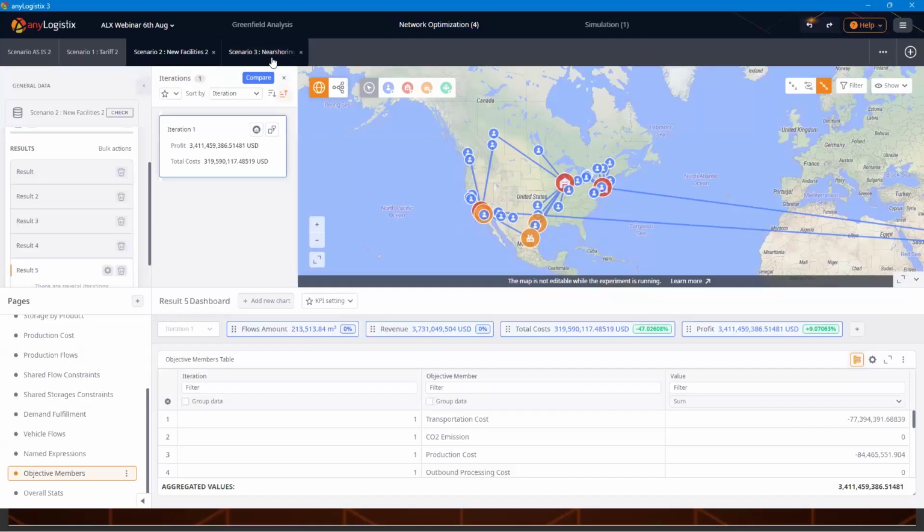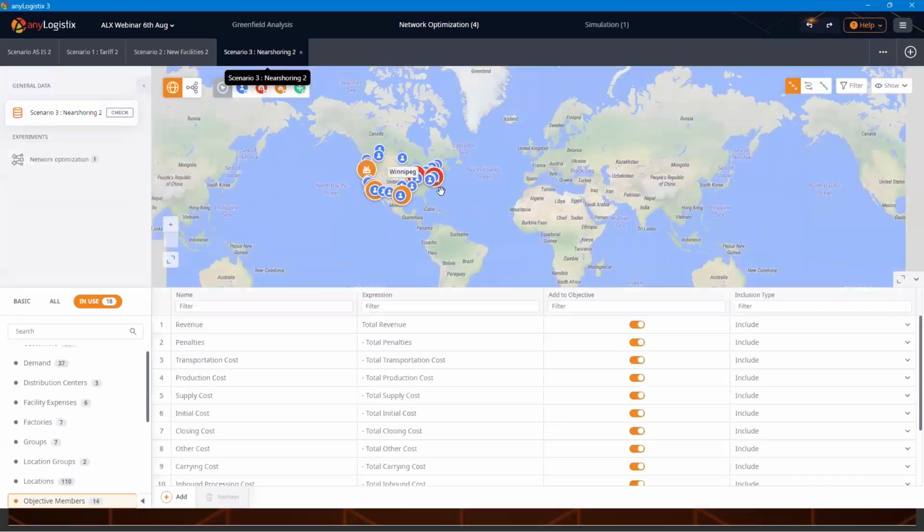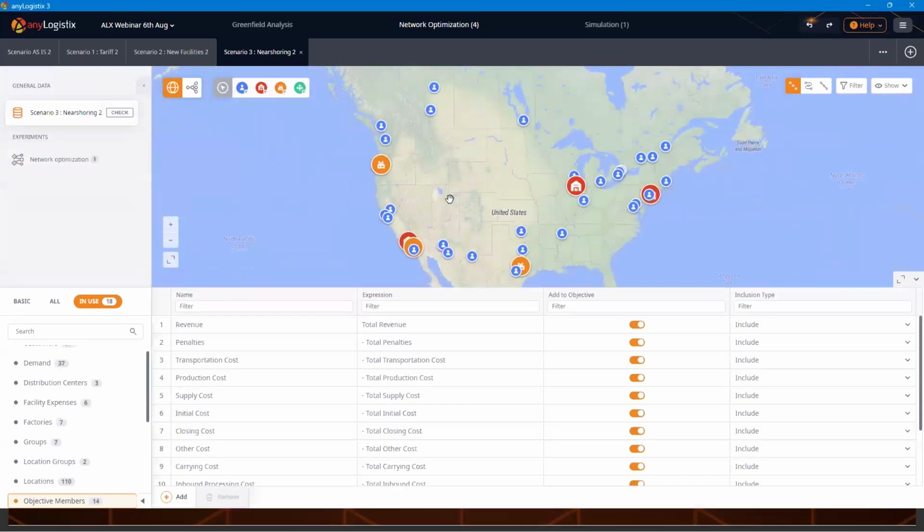So for this third scenario, the objective is to see, if we are only allowed to produce the product within the USA, what will be the impact? What will be the impact in terms of the production cost and the initial cost? There will be a significant decrease in the tariff because obviously we are doing it in the same country, but we have some customers, as I said, in Canada.